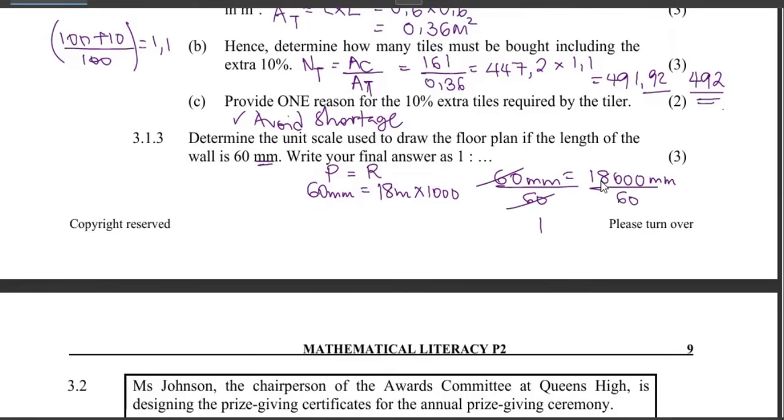I need a 1. 1 is to, then here now I have my 18,000. 1 is to 300. So this is the scale that was used. This one is supposed to be the hall, not the wall. Okay. Let's continue.